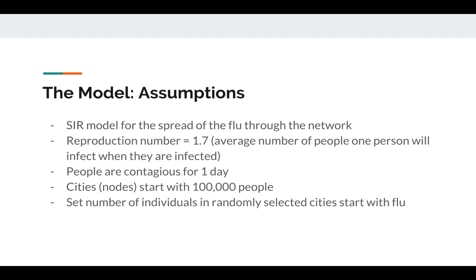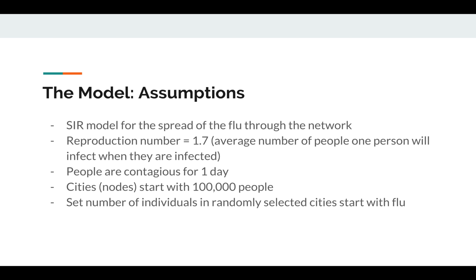We found that the reproduction number is 1.7, which is basically the average number of people a person will infect once they are infected with the flu. In our simulation, we assume people are only contagious for 1 day. This is because when you're infected with the flu, you start becoming infectious a day before you start exhibiting symptoms.